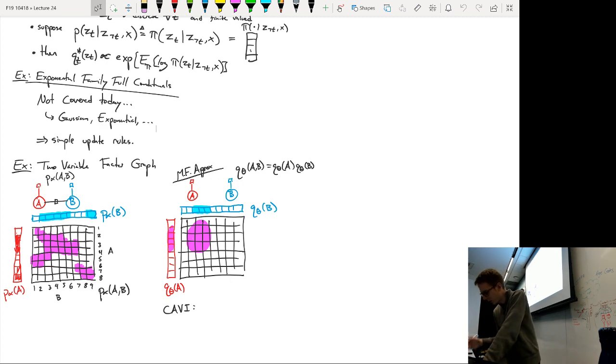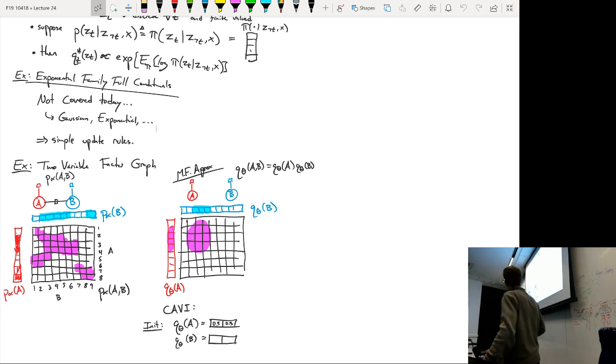Maybe we start out by initializing Q theta of A to be some little distribution, say it's just 2 values, and it works out to just be the uniform distribution, 0.5, 0.5, and Q theta of B also uniform, 0.5, 0.5.